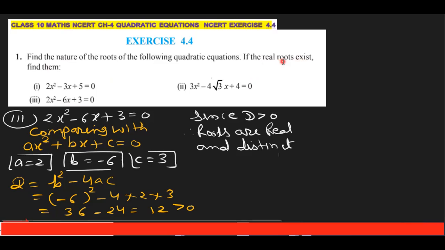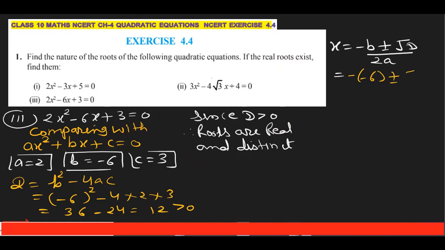The question is, if real root exists, yes, real root exists, then we have to find out these numbers, means these roots. So using the quadratic formula, we know that x is minus b plus minus square root of d upon 2a. So x is minus b, minus as it is, and b is minus 6 plus minus square root of 12 upon 2 into 2.